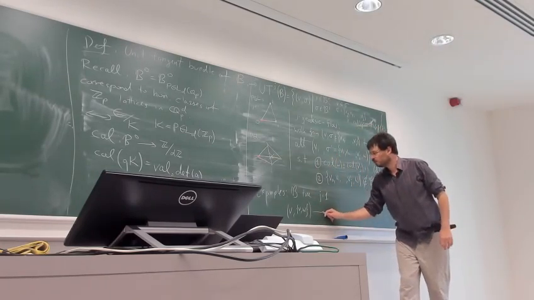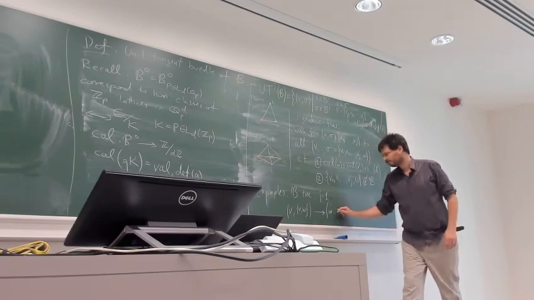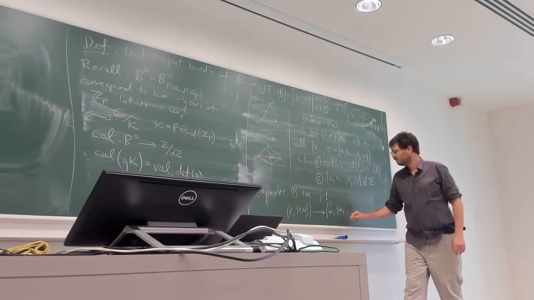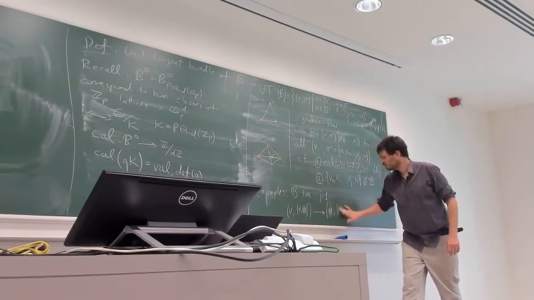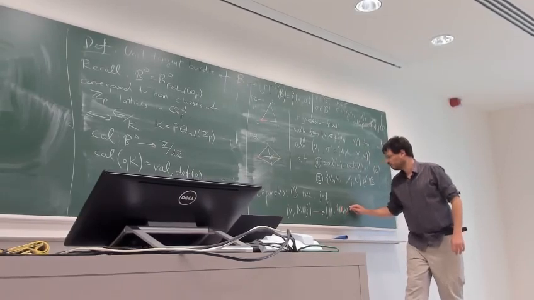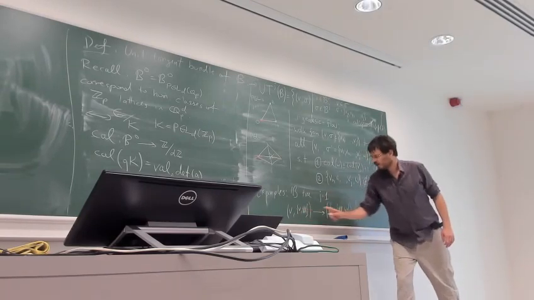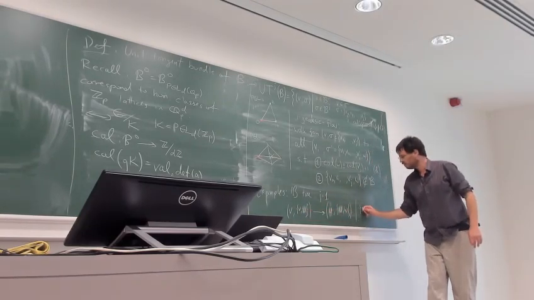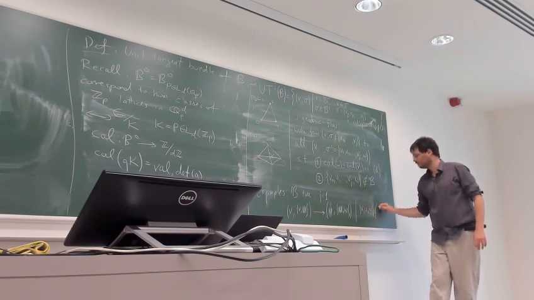You're allowed to go to W, and then maybe call it U. You add here all the W's such that V, U and W is not in the tree.